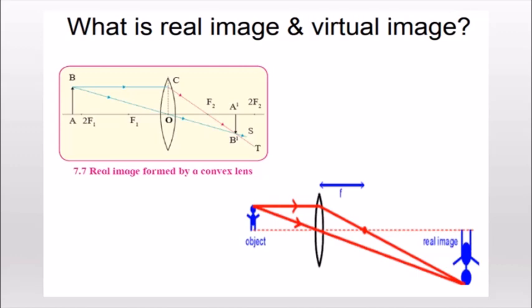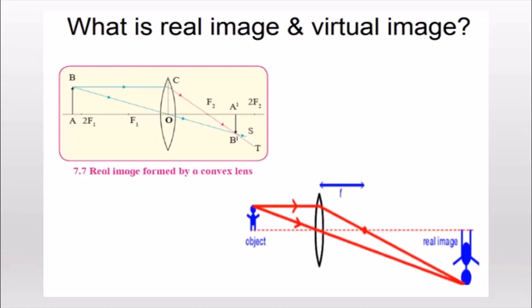So this means that the image of B is formed at B dash. As A is situated on the principal axis, its image will also be located along the principal axis at A dash, which will be vertically below B dash. So A dash B dash will be the image of AB formed by the lens.